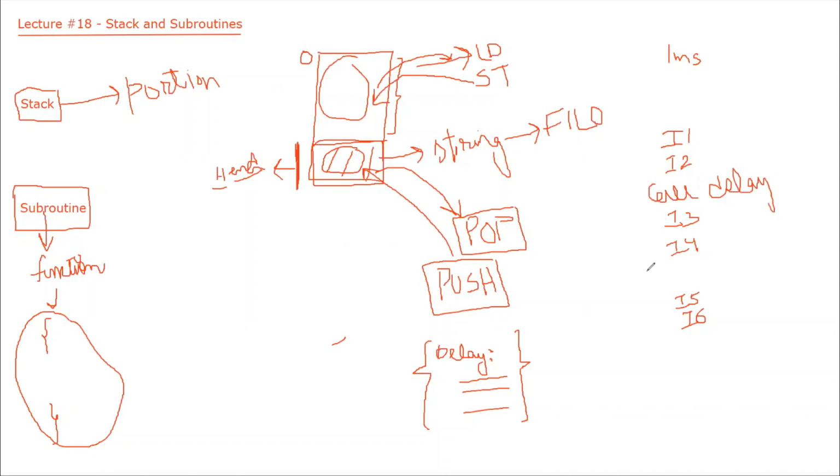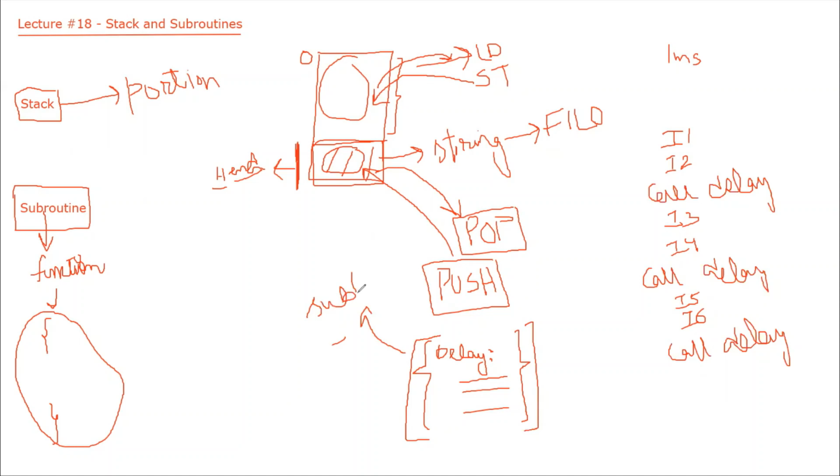At this point also I will call delay, and at the end I will also call delay. And the delay is written here as a separate function, a group of instructions that perform a specific subtask.